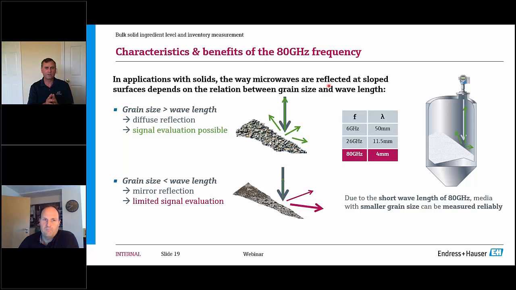Not sure if I understand the question really related to flow rate, because when we're looking at solids and level, we're generally looking at what the static level is inside the silo. Maybe if I make a guess, when you are filling the product into the silo, the level is always going to be changing slowly enough for the level measurement to keep up with that.